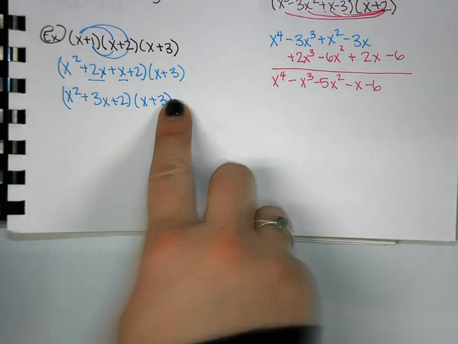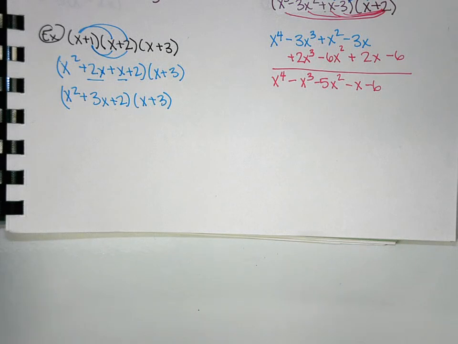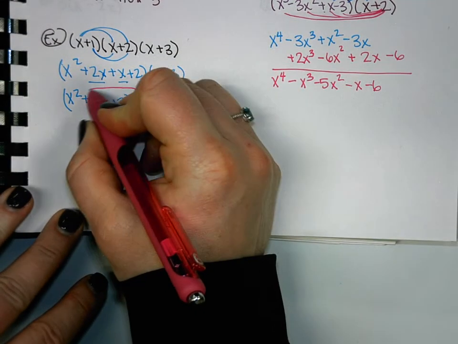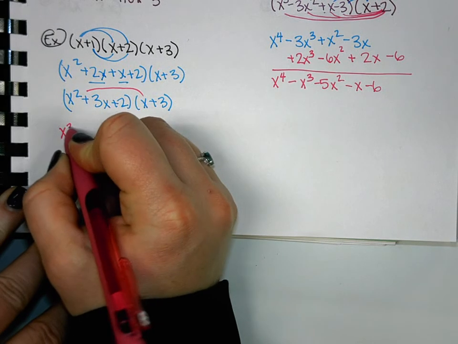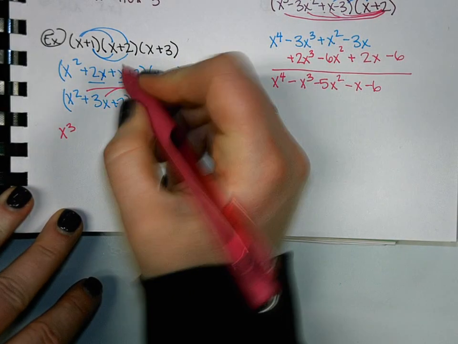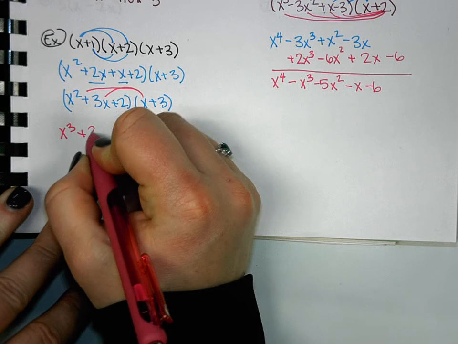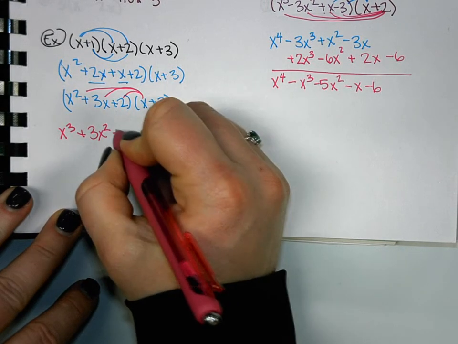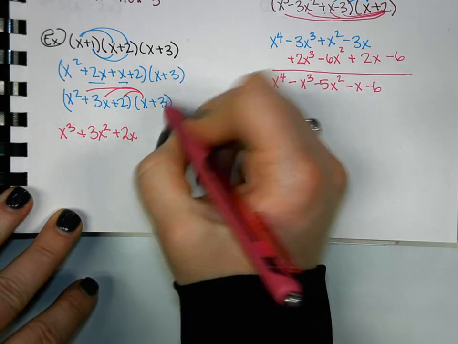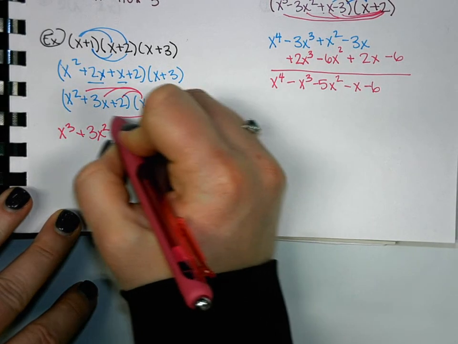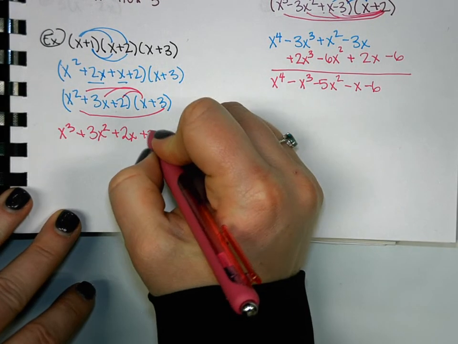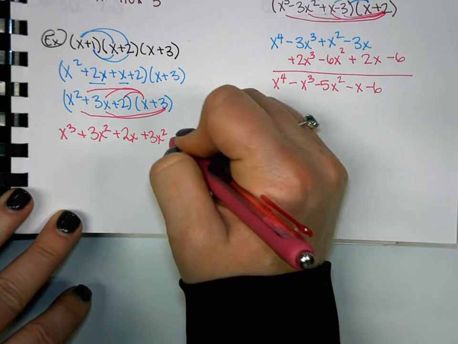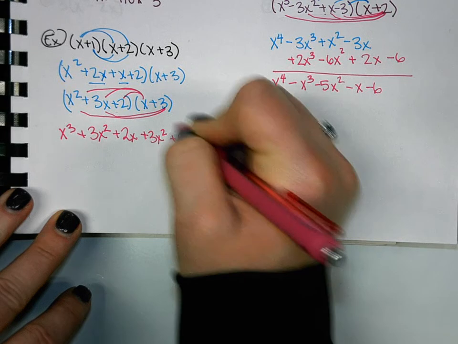Okay, so then from there we take x times x squared, x times 3x, and x times 2, and then 3 times x squared, 3 times 3x, and 3 times 2.